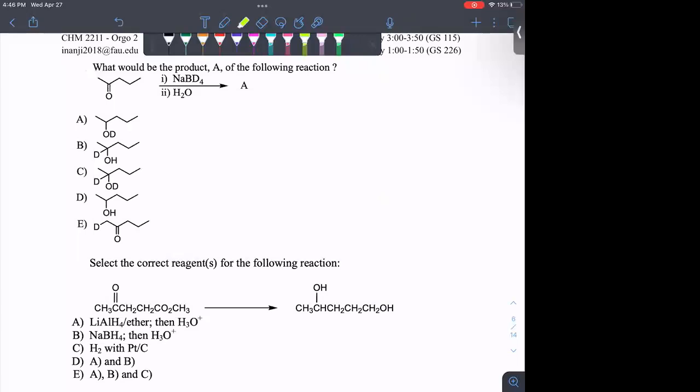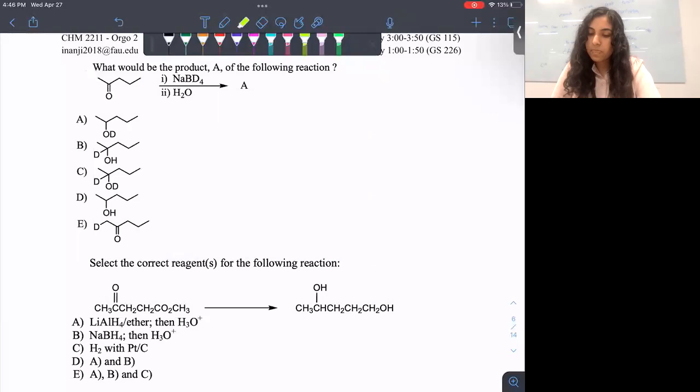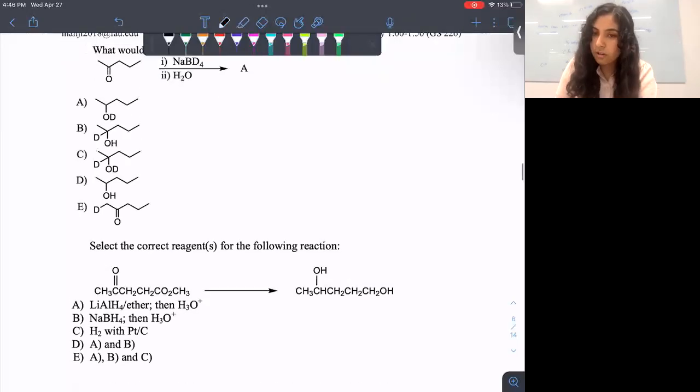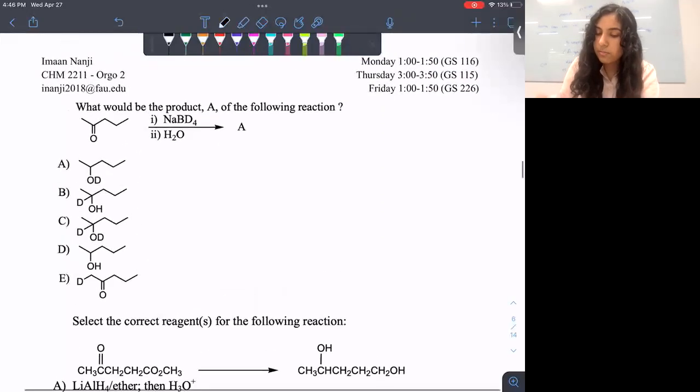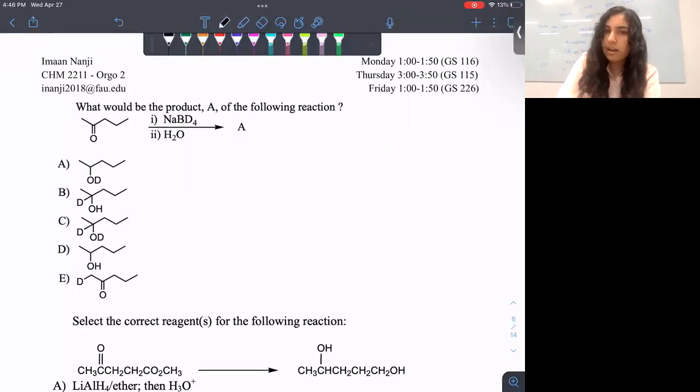B? Yes, it is reduction of a ketone. And you're right, it is B. So the idea for all chapter 12 reductions is that you're basically taking a hydride ion and attacking the carbonyl with it. So this whole thing can be simplified to just a D minus or an H minus. Once you have that hydride, it goes in and attacks the carbonyl.